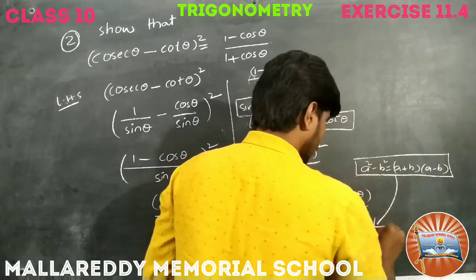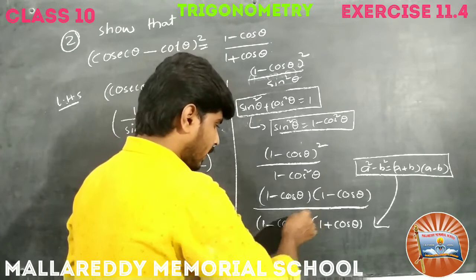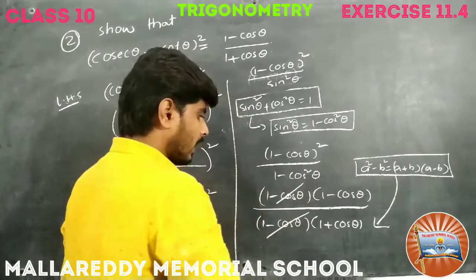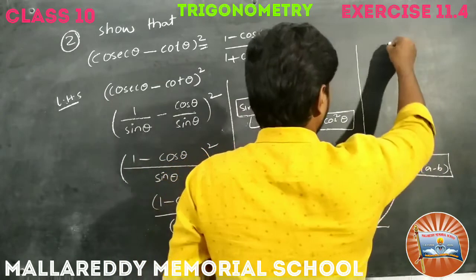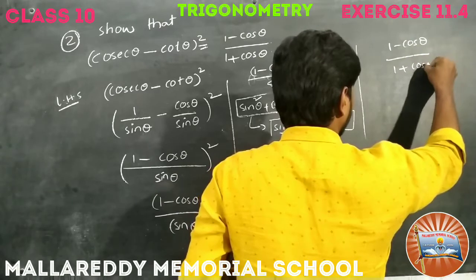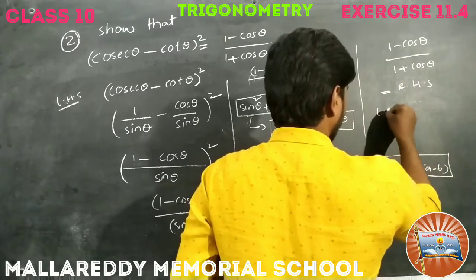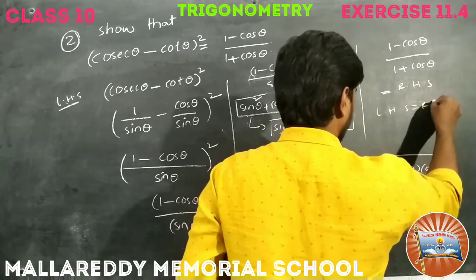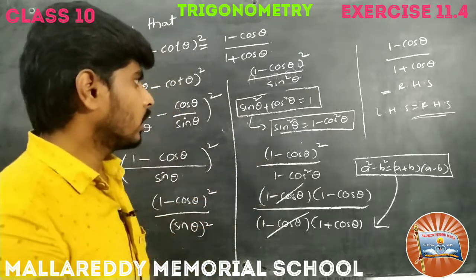By use of this it becomes here. Okay, right. Here (1 minus cos theta) and (1 minus cos theta) cancel. So what is the remaining? (1 minus cos theta) by (1 plus cos theta) is the remaining. This is nothing but our RHS. Here LHS is equal to RHS, we got. Okay, this is about this.